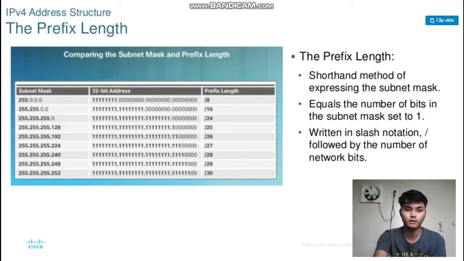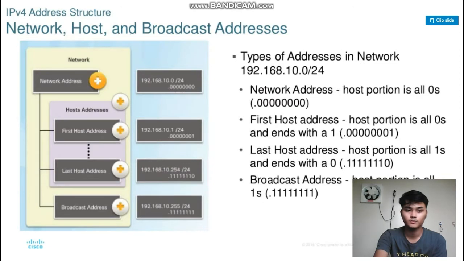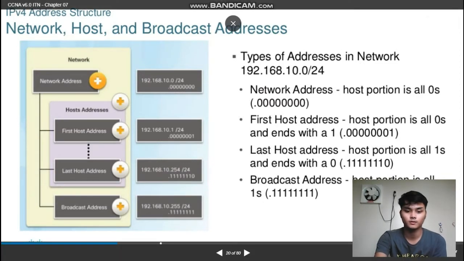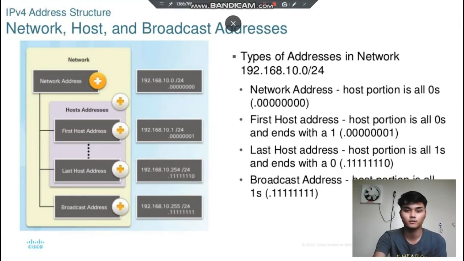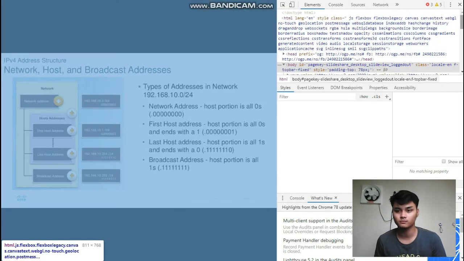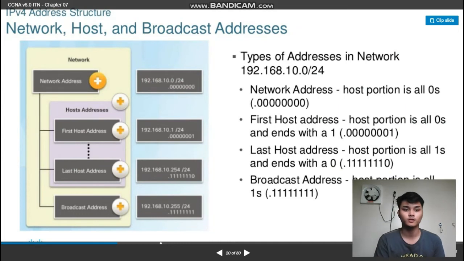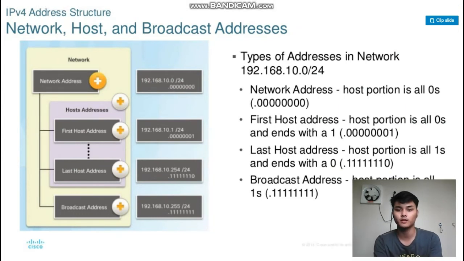So here we have the prefix length. And then the network, host, and broadcast addresses. We have the types of addresses. For example, 192.168.10.0/24: the network address portion is all 0s.